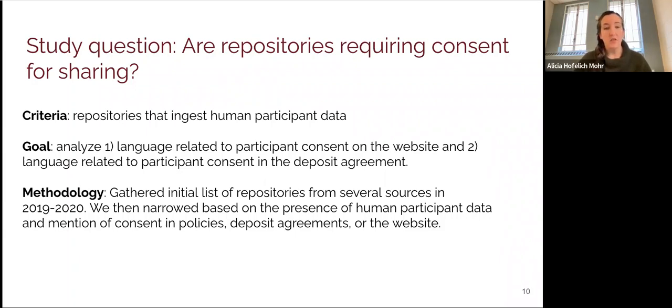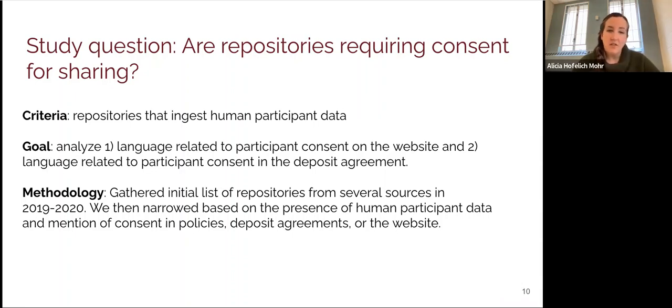And so our initial criteria was to identify repositories that ingested or collected or housed data from humans. And so our goal was to analyze the language related to consent, both on their website as well as in the deposit agreement, which is the specific thing that someone who is putting their data in a data repository would sign and read over and agree to, and how that data would be used.